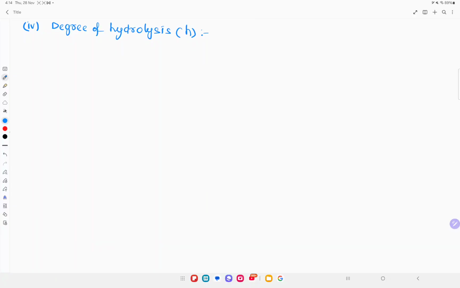Consider cationic hydrolysis. NH4 plus H2O gives rise to NH4OH plus H plus. So hydrolysis of salt of strong acid and weak base, cationic hydrolysis, is what we have taken.